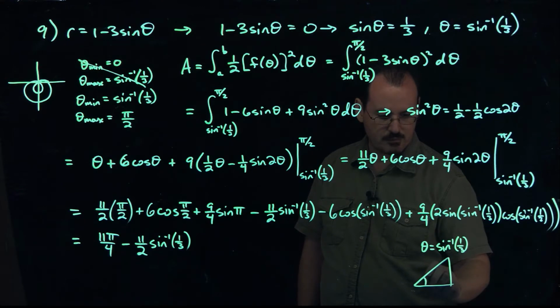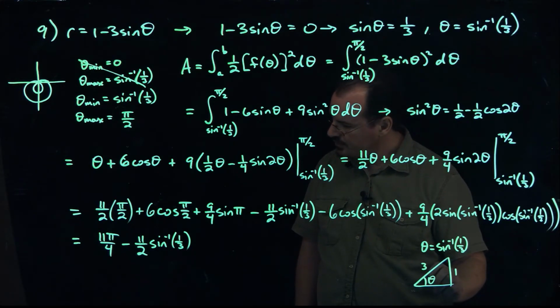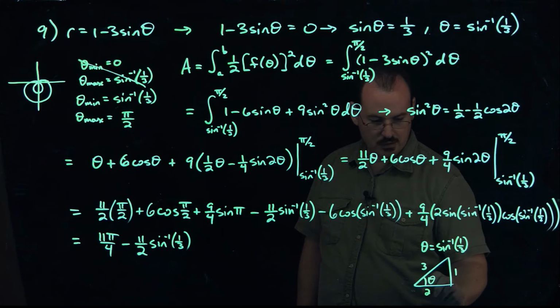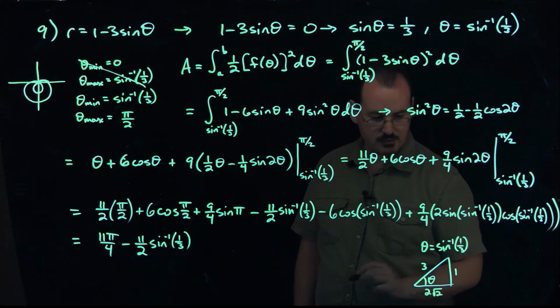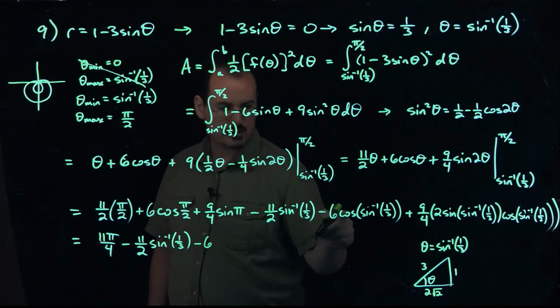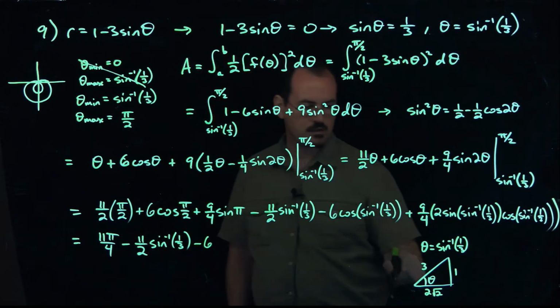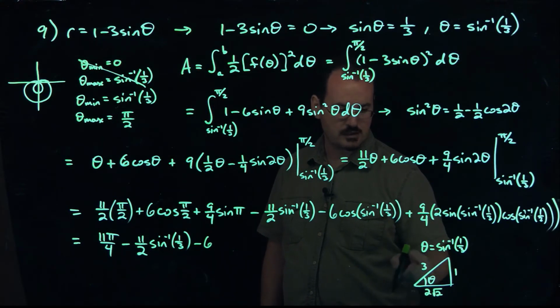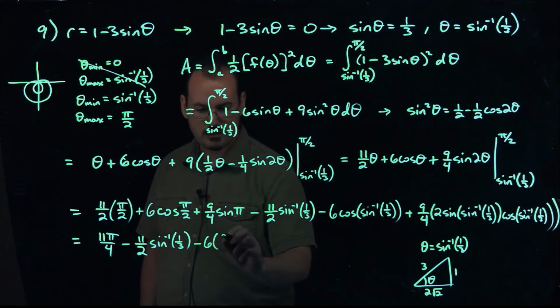That's going to make this 1 and this 3. And so 9 minus 1, that's 8. That's going to be 2 root 2. So that's the square root of 8 there, so 2 root 2. Now what I'm looking for here is the cosine of the inverse sine, in other words, the cosine of theta. So that's 2 root 2 over 3.